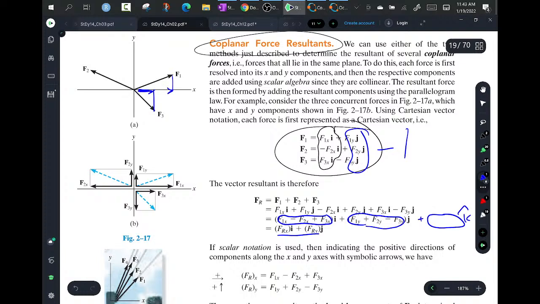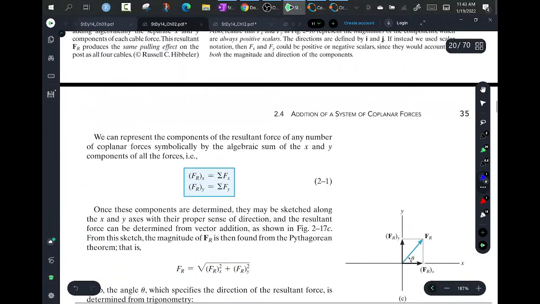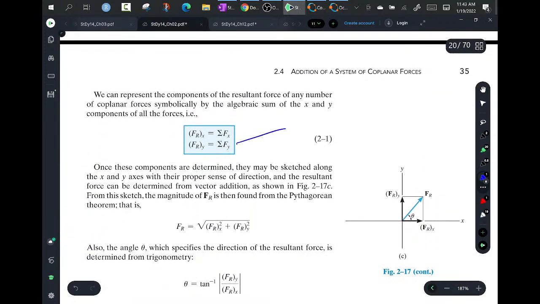So you take this distance, you take that distance, and then you take this distance. You add those all together for your x component. You take these, add them together, get your y component. So you're breaking things into components here. And then we'll get to the all famous equation right there.